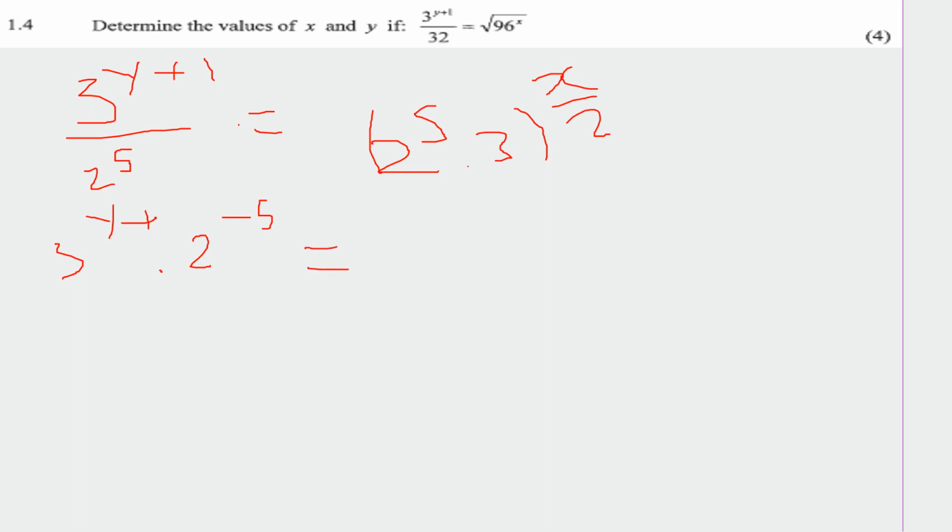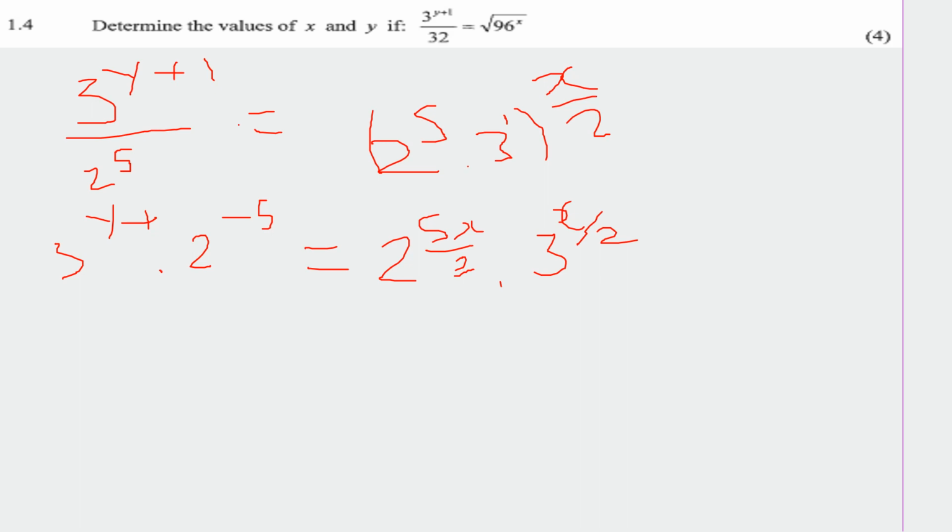Then we multiply the exponents of everything here. So it's going to be 2 to the power of 5x all divided by 2, and then 3 to the power of x all divided by 2, because x over 2 is multiplied by 5 and x over 2 is multiplied by 1.